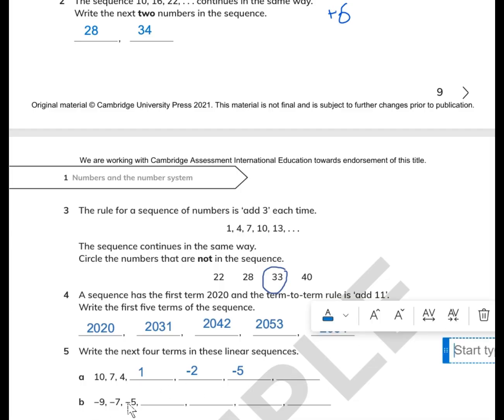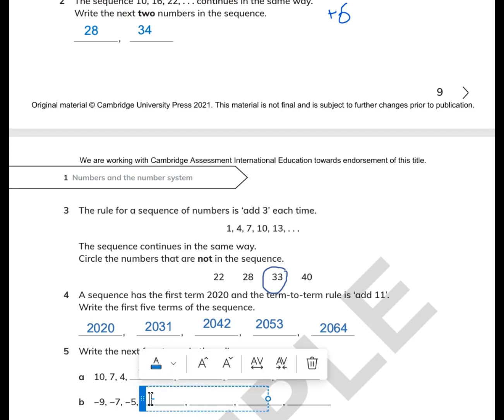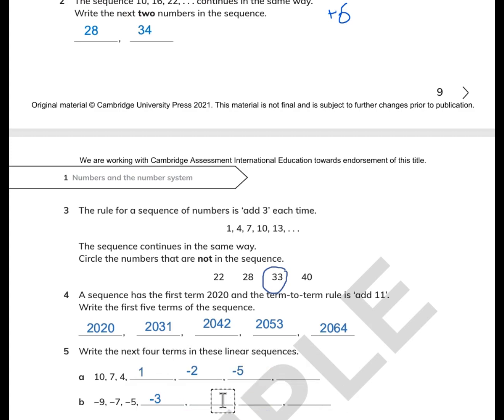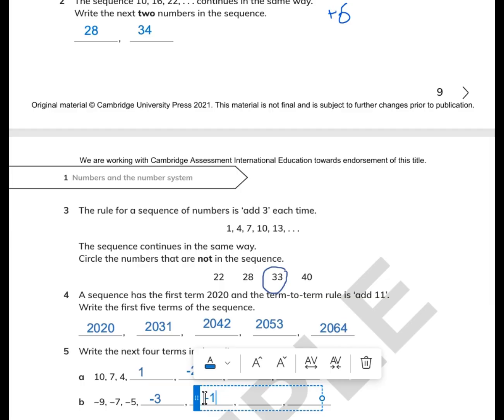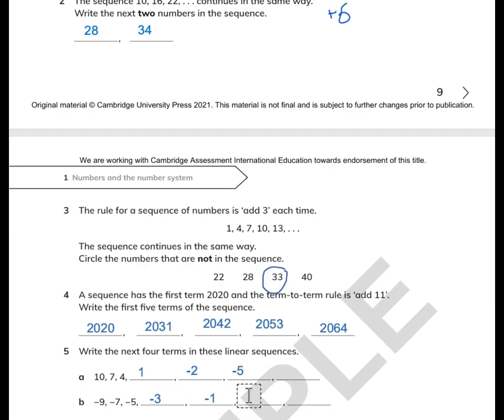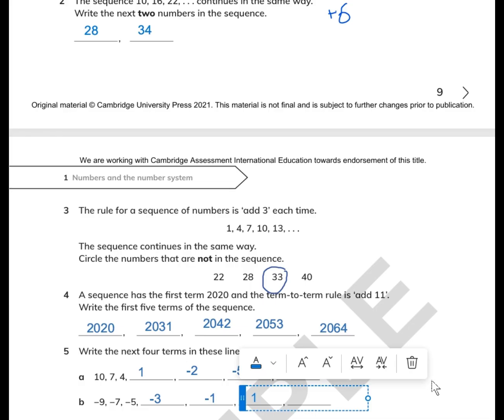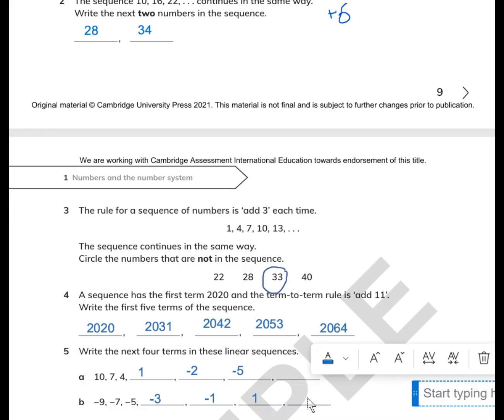Next one has term to term rule plus 2. So after minus 5, it will be minus 3, minus 1, and then 1, and then 3.